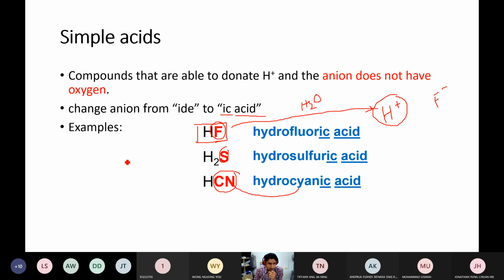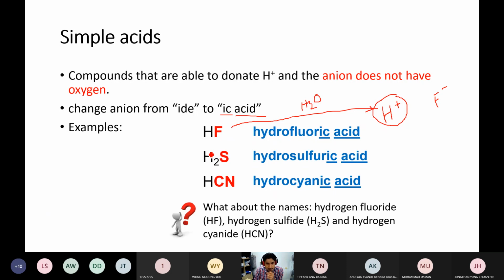Another thing: many times I'm sure we have heard or seen names like hydrogen fluoride, hydrogen sulfide, and hydrogen cyanide. What is the difference? It is all the same thing, HF, hydrogen sulfide and hydrosulfuric acid. There is nothing changed; there are hydrogen and fluorine there.